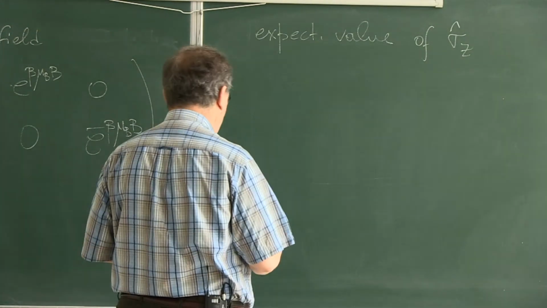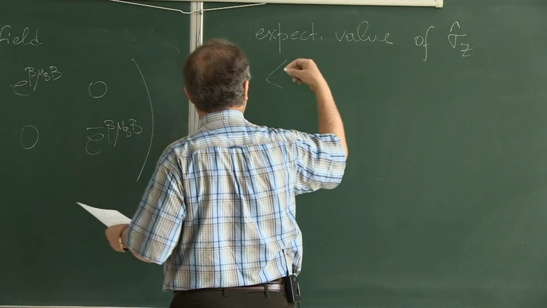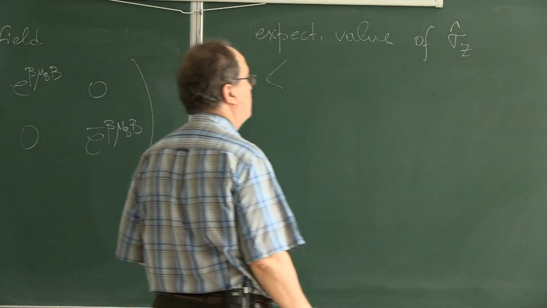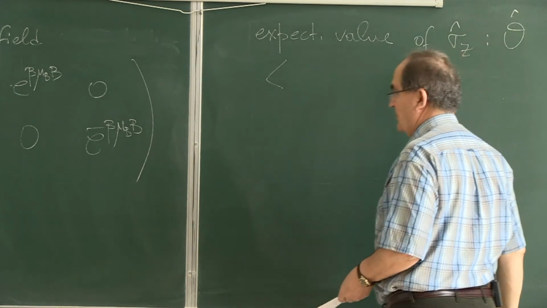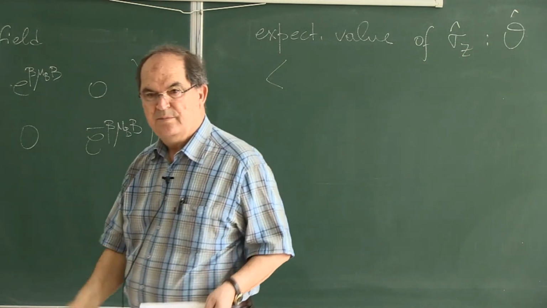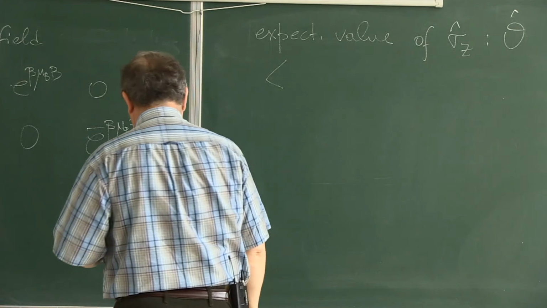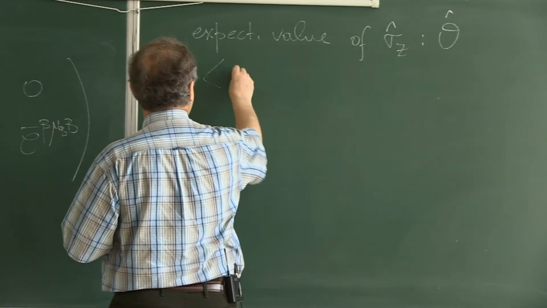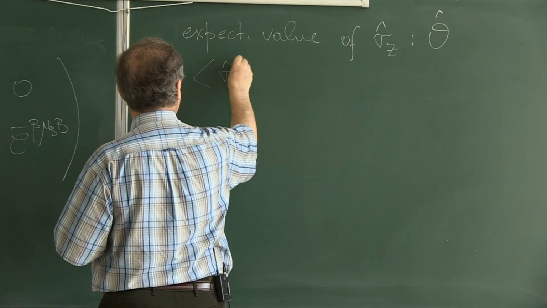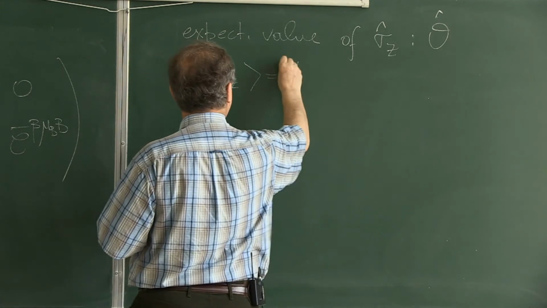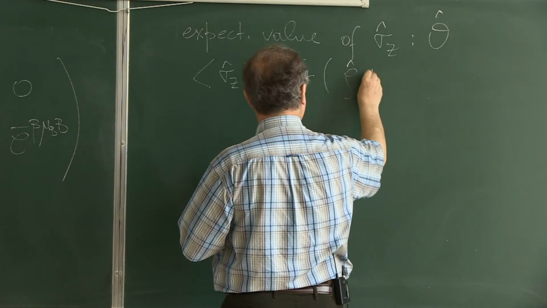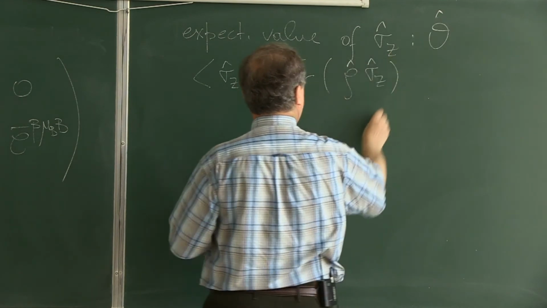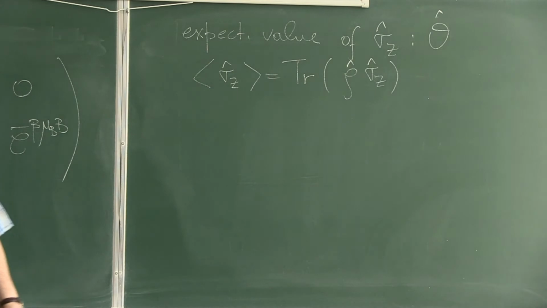Let's try to find it. The operator O is this operator in our formalism. This expectation value is going to be nothing but the trace of the operator with our density matrix. That's what we have found, isn't it?